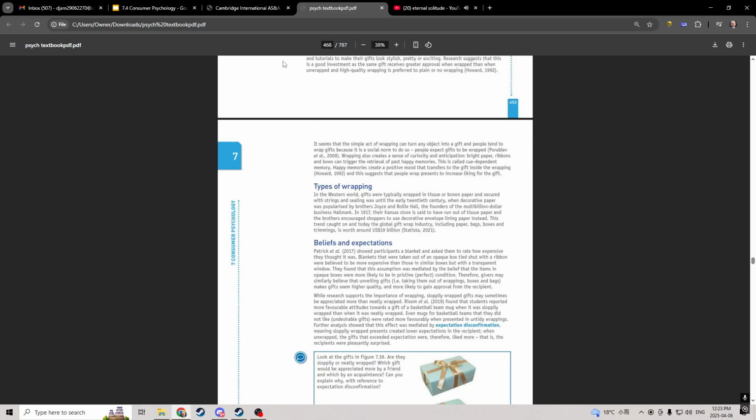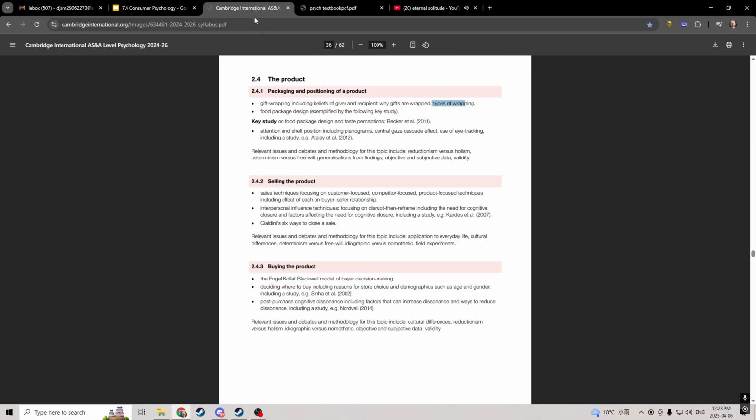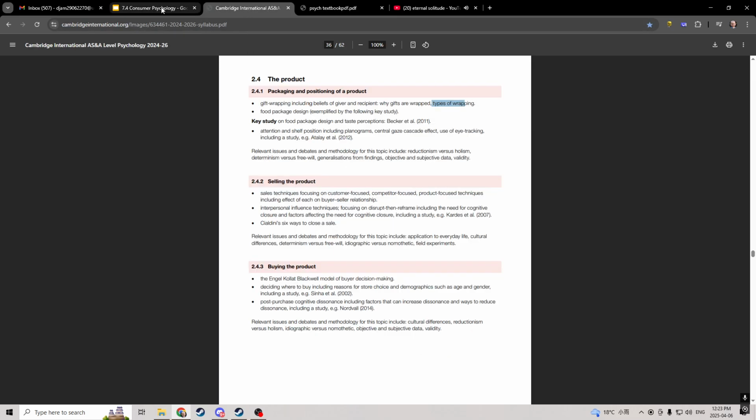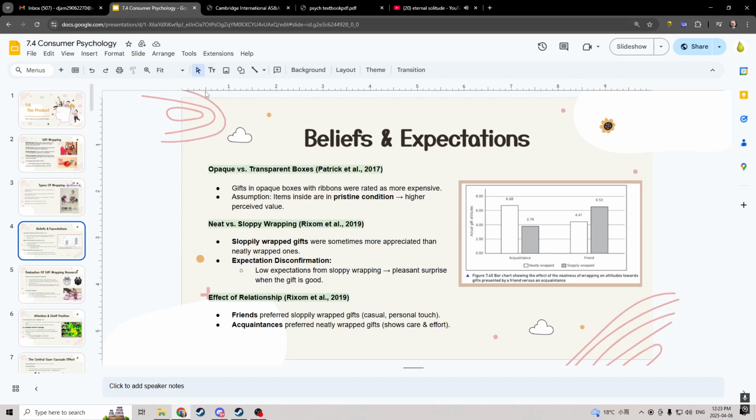Beliefs and expectations, that's part of it. Opaque boxes with ribbons are rated as more expensive because people assume that the items inside are in pristine condition, higher quality, higher perceived value.